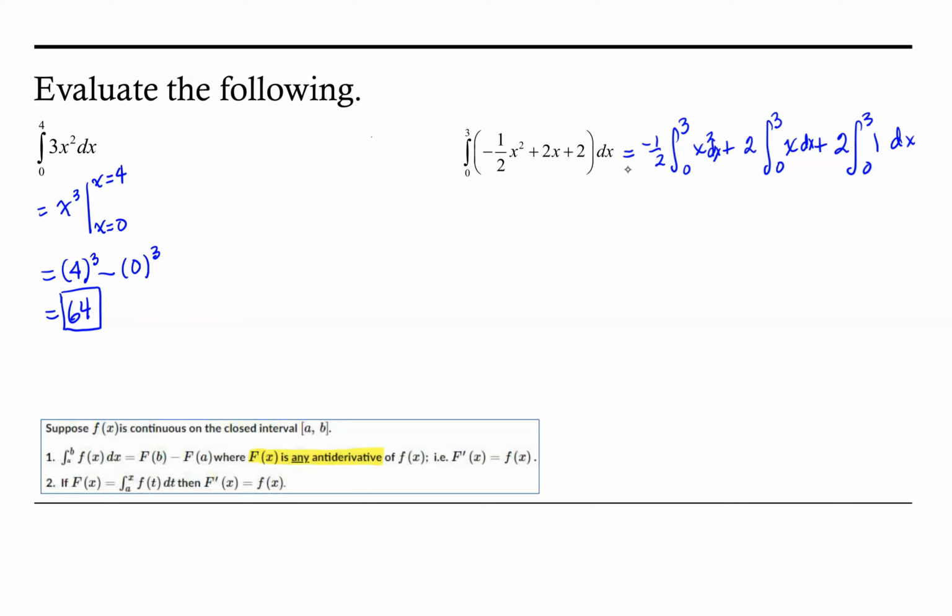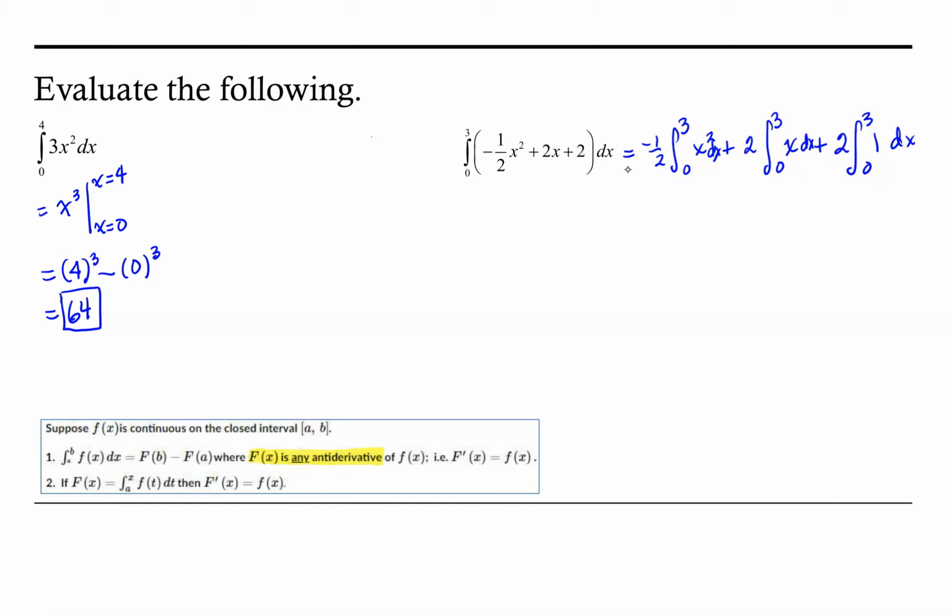And so this allows me to focus on integrating term by term. And for many, this can help a problem become less overwhelming.